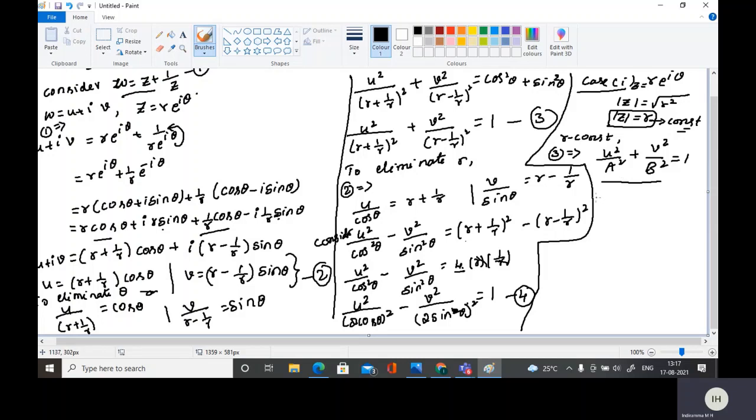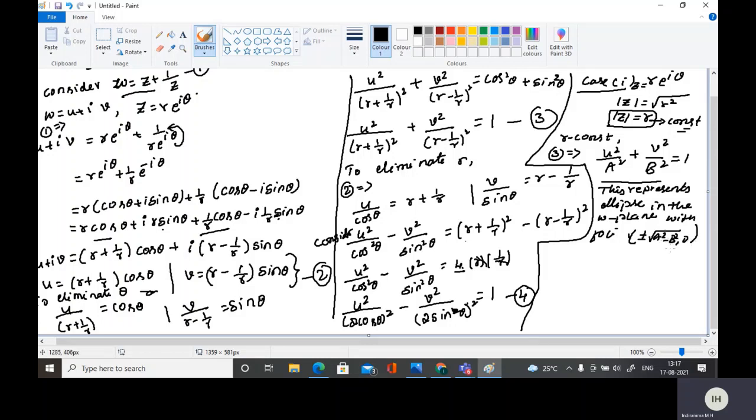First you write down here, this represents an ellipse in the w plane with foci plus or minus square root of a square minus b square comma 0.